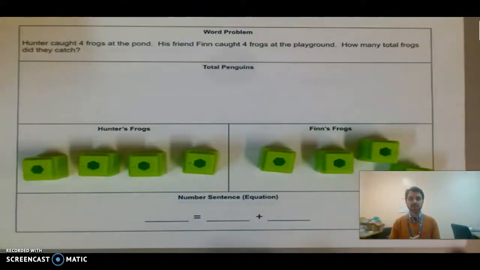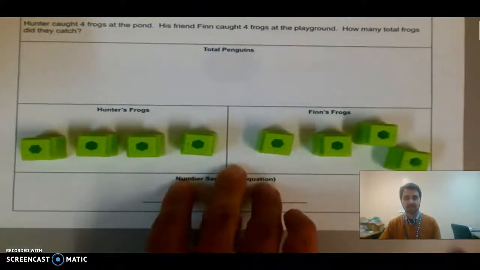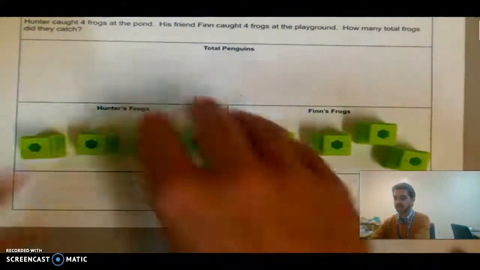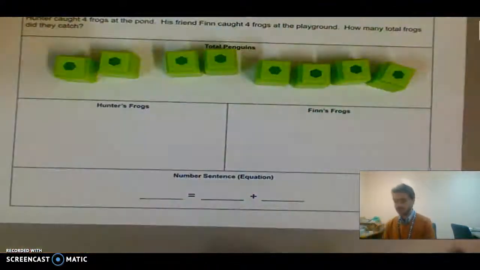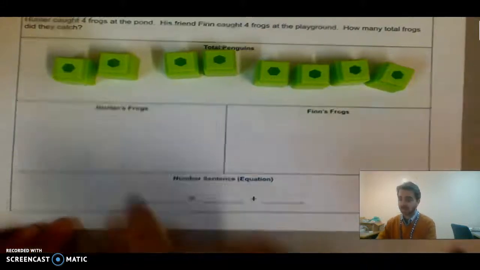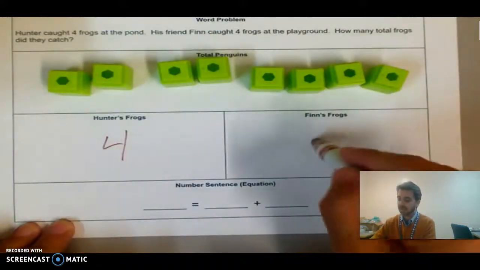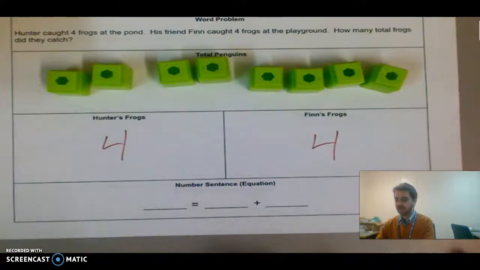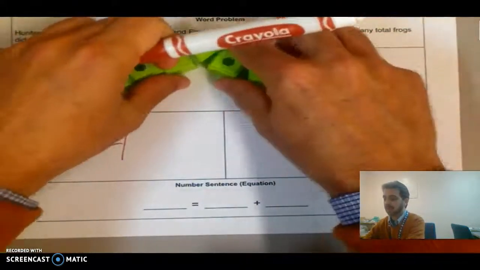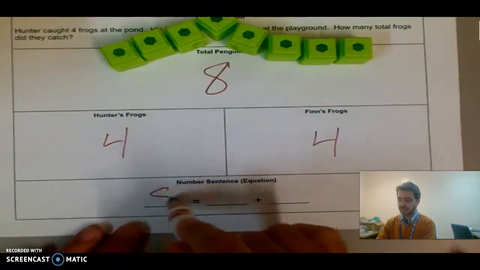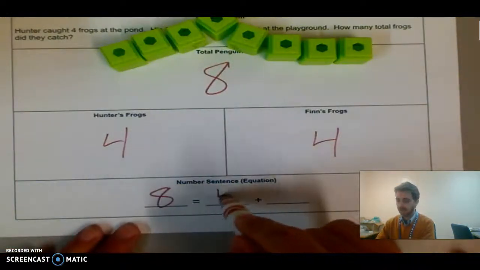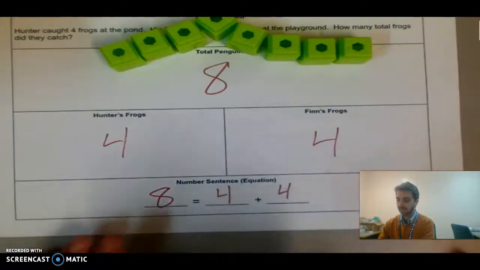Okay, so this is what you would do when you do your problem next. Okay, so you put 4 here, and then you move them all together, and you end up with, we already know, we end up with how many? 8. So you have 4 frogs here, 4 frogs here, and then up here, we know we have 8. So our equation is that 8 is the same as 4 plus 4.